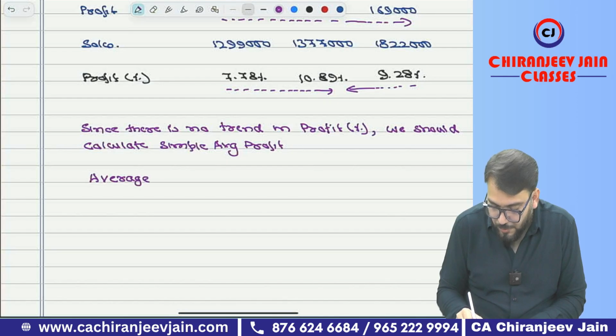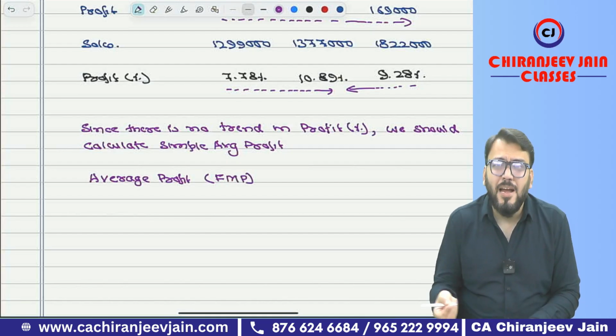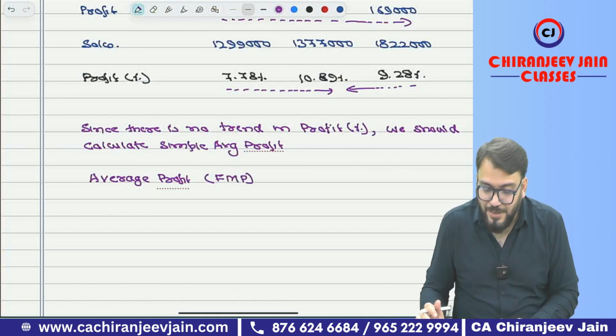What is your average profit? And this average profit will become FMP because there is no additional information. This average profit will become FMP.